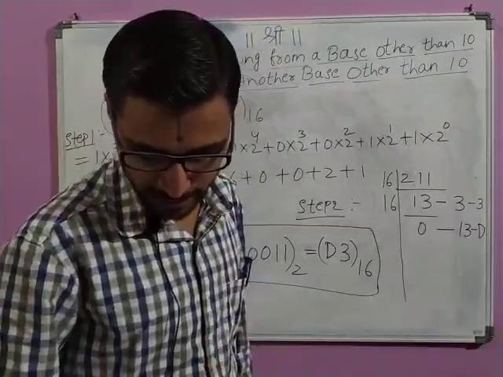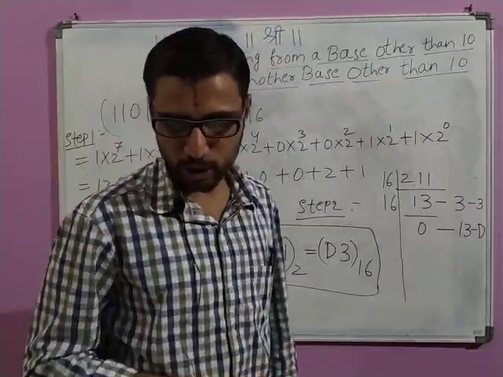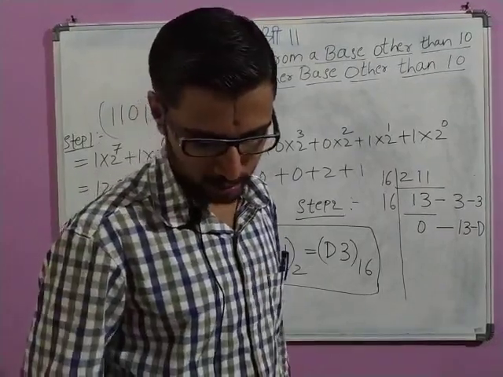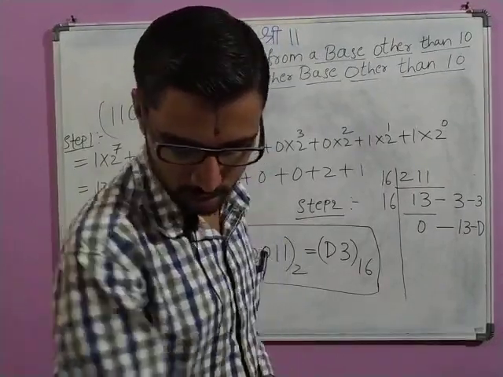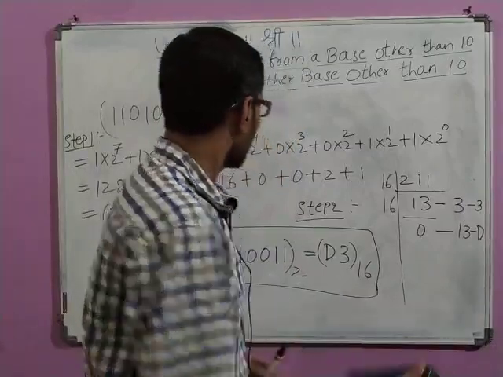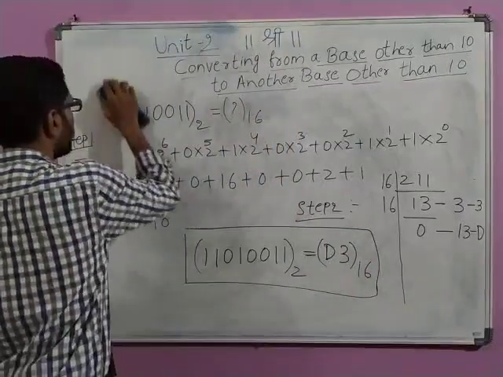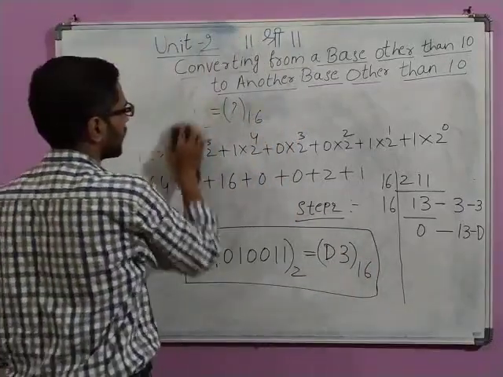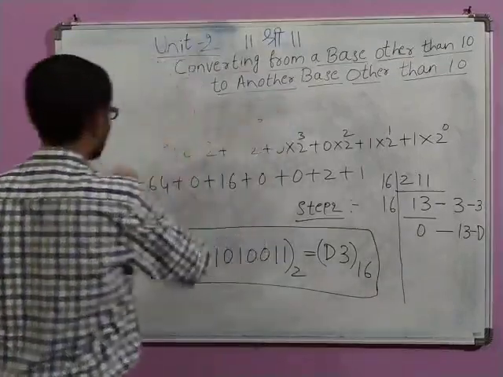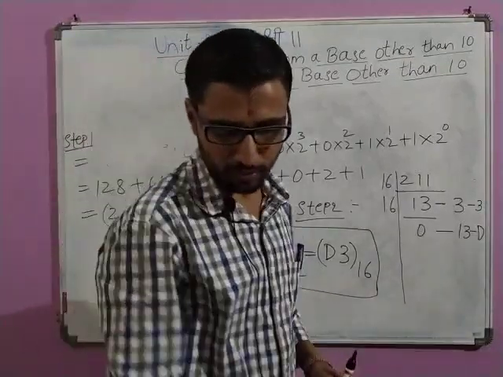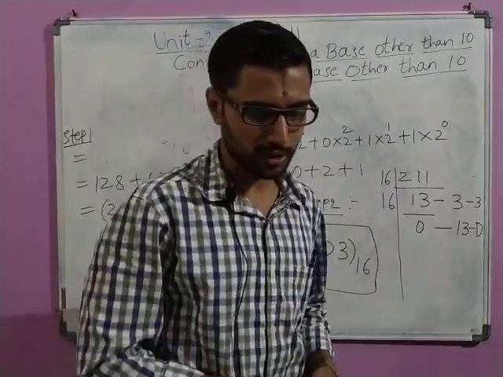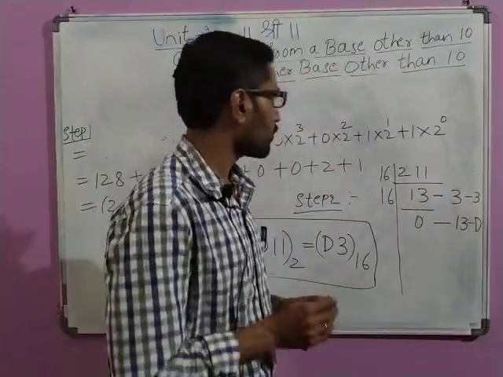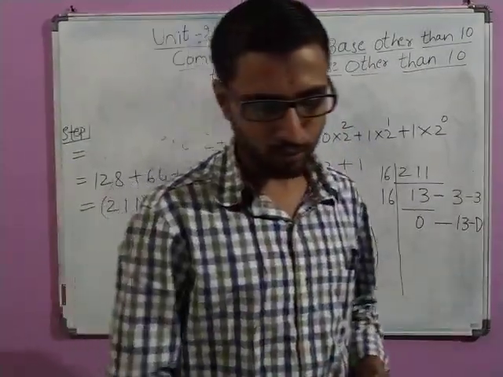Now let us take the shortcut method for binary to octal, or we shall stop here so that in the next class we can understand the shortcut technique for binary to octal conversion. So very simple, this type of question can be asked for 4 to 5 marks.